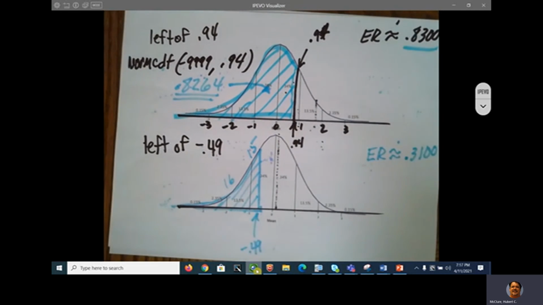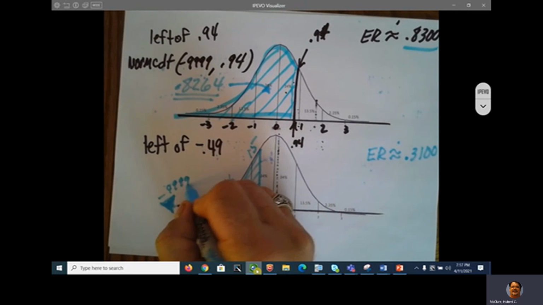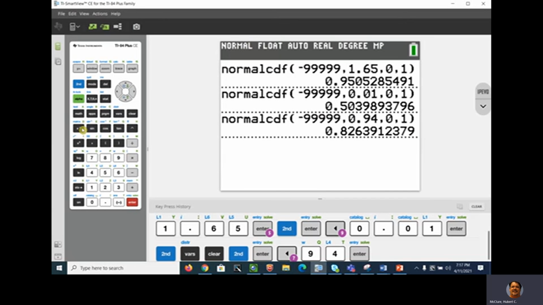0.3100. But we're going to use normal CDF and go from negative 9999 to negative 0.49. So that's going to be second, enter, negative 0.49.